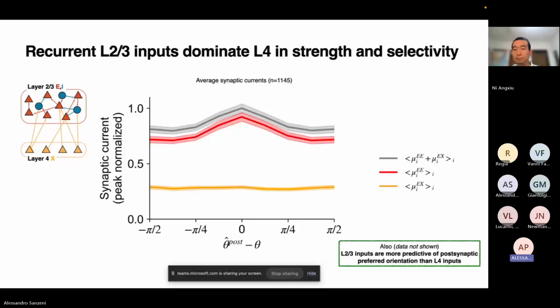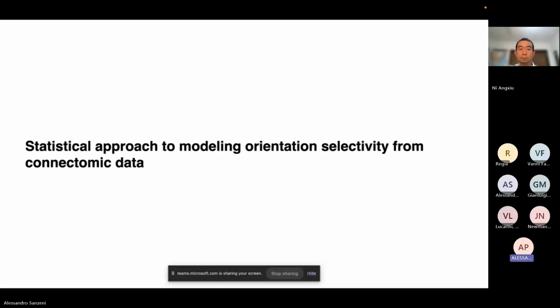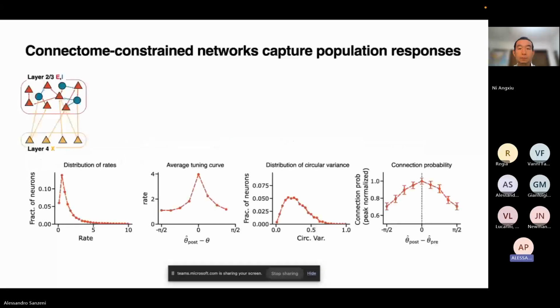Okay, so going for the second approach, as I mentioned, we wanted to use the data to constrain the recurrent neural network model, which we then use to do experiments in silico. The properties that we focus on are those summarized here.